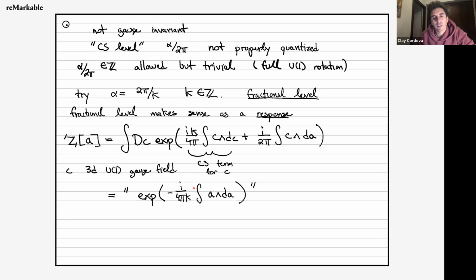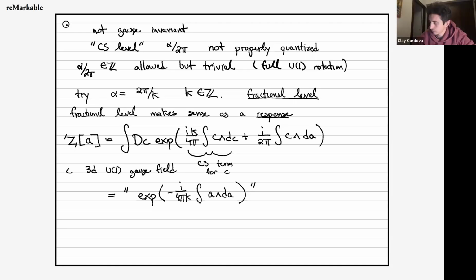And relatedly, when I try to put this on a general three manifold, this expression does not make sense, because it's an ill-quantized Chern-Simons term. So the main thing is that when this expression is well defined, it agrees with this. I see. Okay, thank you.